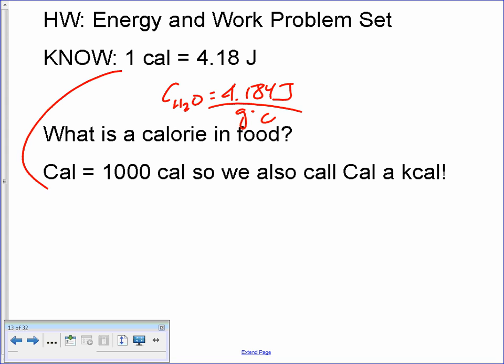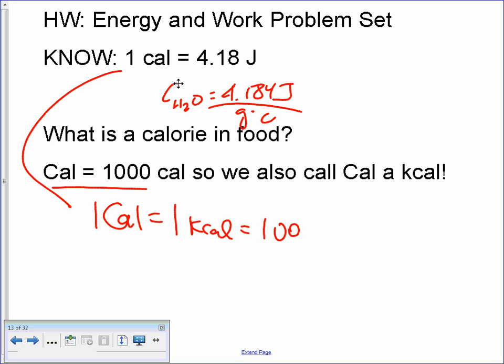Whenever you see one big C calorie on a label, one big C calorie is actually 1,000 little c calories. When I say big C calorie, I mean capital C. Little C calorie, little c. So 1 Calorie is equal to 1 kilocalorie, which is 1,000 little c calories, which is how many joules?